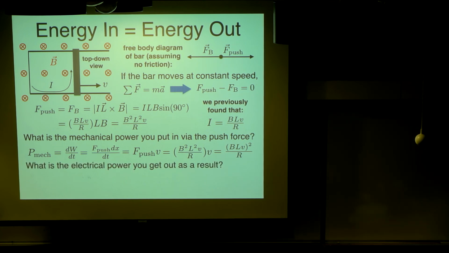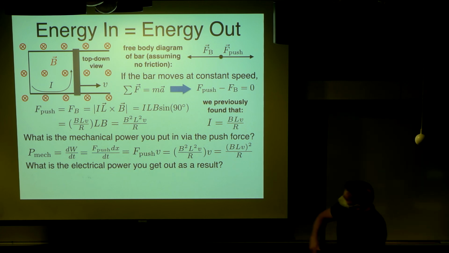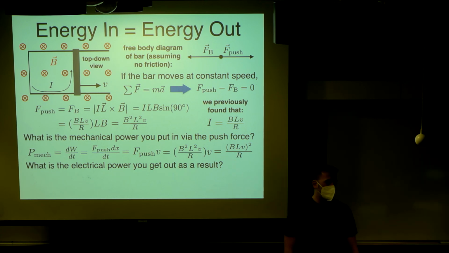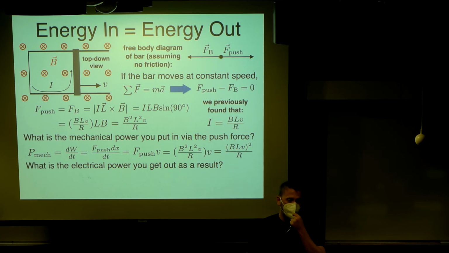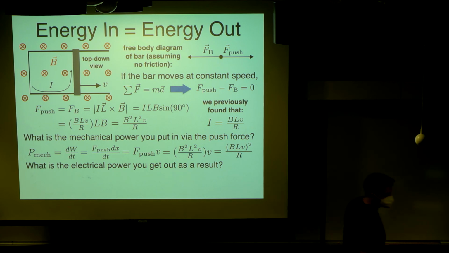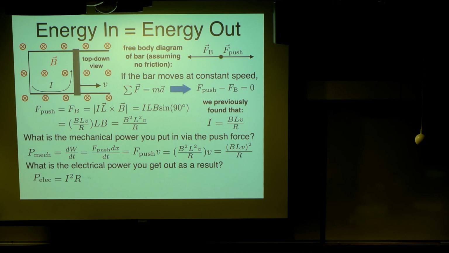Okay, so check this out. That's my power output, mechanical power output in moving the bar. What's the electrical power we get as a result? You guys know a way to calculate that? Electrical power? It's I squared R. Yeah, so if we know the current and the resistance, we can calculate the electrical power as well.